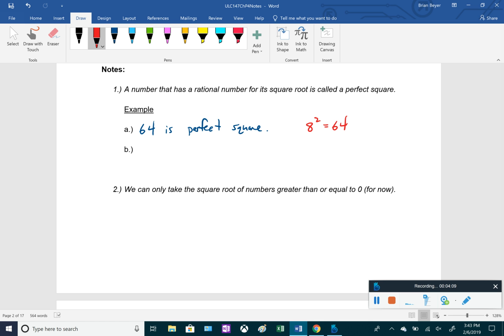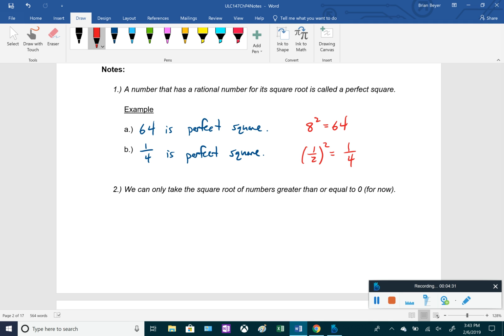Another example, which may not be as obvious, would be something like 1/4. 1/4 is also a perfect square. It does not have to be a whole number. It's a perfect square because 1/2 squared equals 1/4. 1/2 is a rational number. 1/2 times 1/2 equals 1/4.